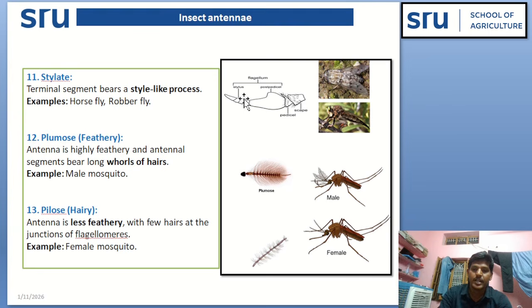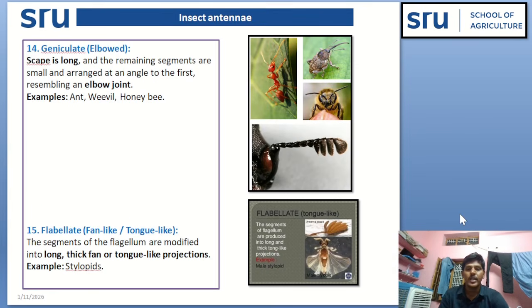Plumose or feathery type of antenna is there in male mosquito. Pilose or hairy antenna is there in female mosquito. Geniculate or elbow type antenna is there in ants, weevil and honeybees. Flabellate or fan-like antenna is there in stylopids.